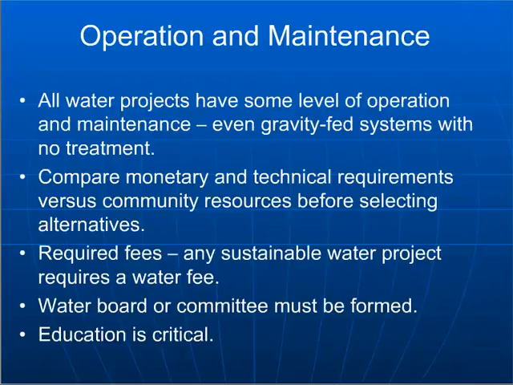So having an idea of what those requirements are going to be, and making sure that the community is on board with that and aware that somebody's going to have to replace valves, somebody's going to have to perhaps clean water tanks, somebody's going to have to do general maintenance and upkeep on the system, before the system gets built is very important.